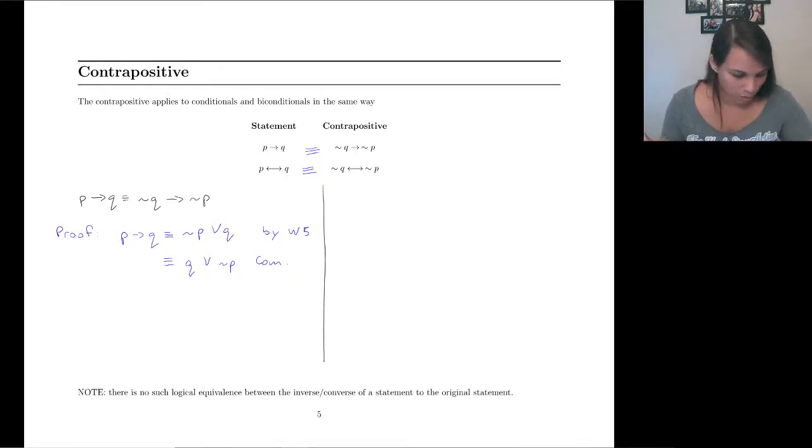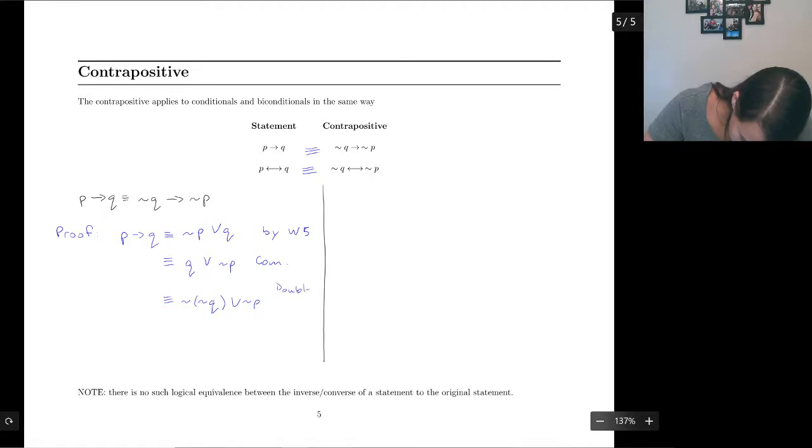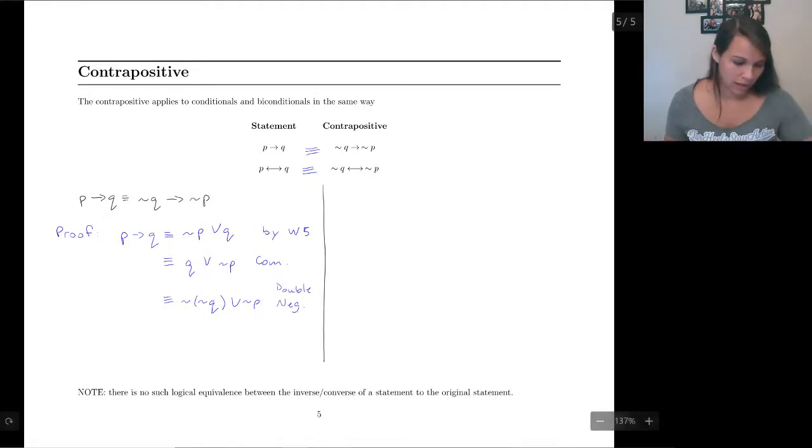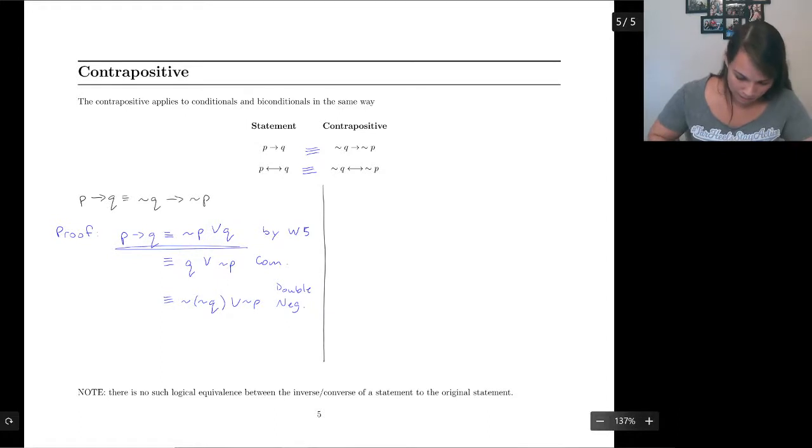And then we can use double negation to put a negative on our Q. Then this gets us back to using that again.